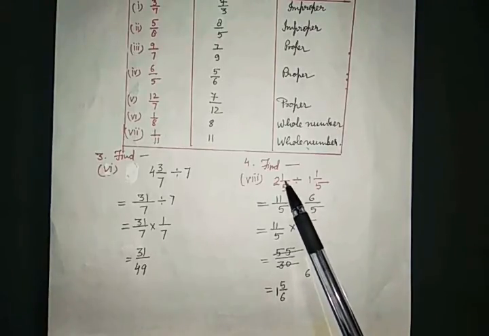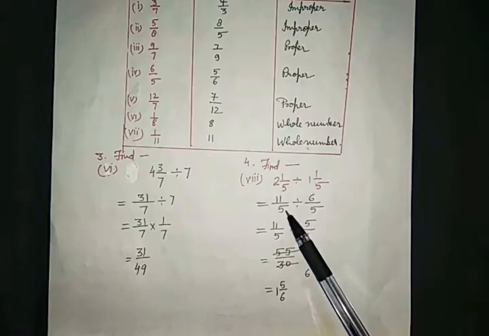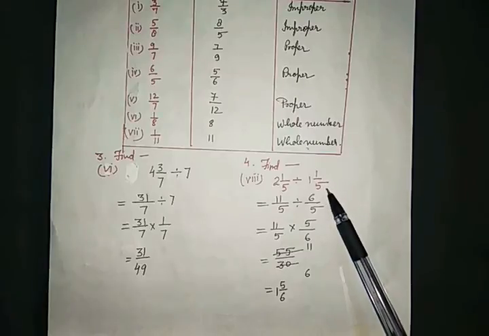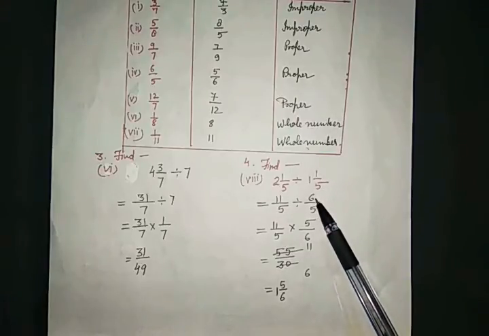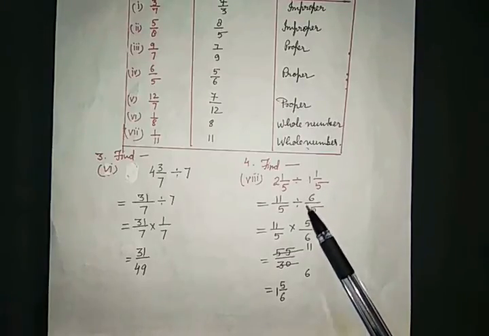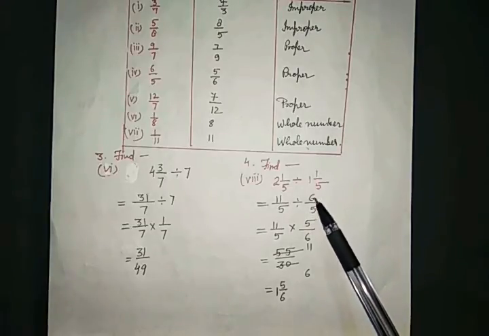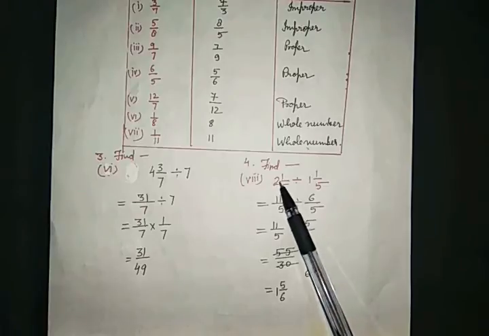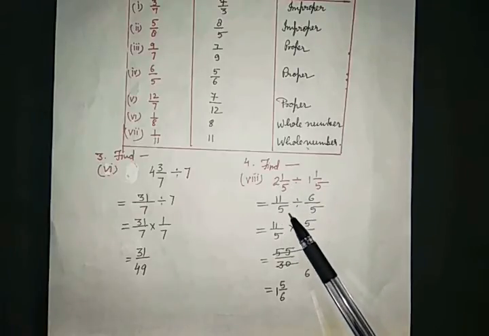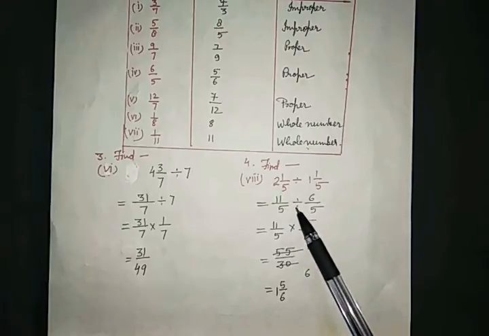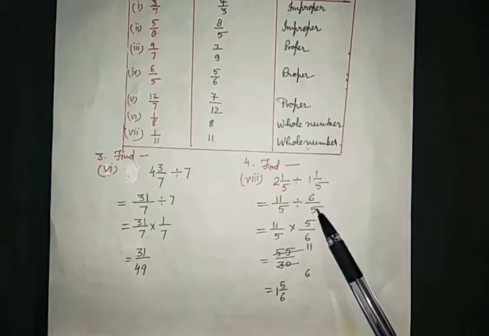Here 2 whole 1 upon 5 will be 11 upon 5, and 1 whole 1 upon 5 you will write as 6 upon 5. Now 11 upon 5 divided by 6 upon 5.